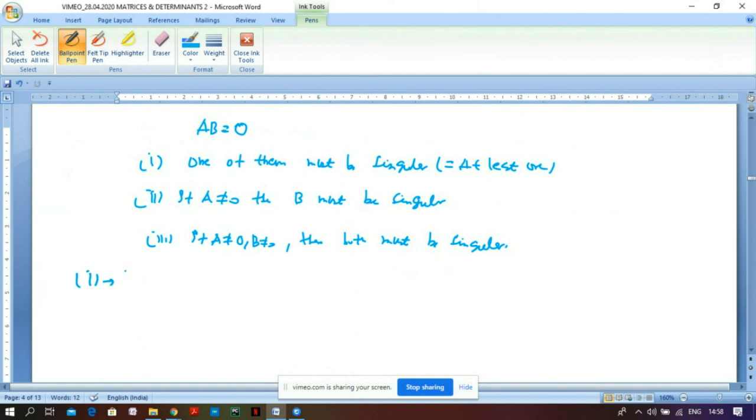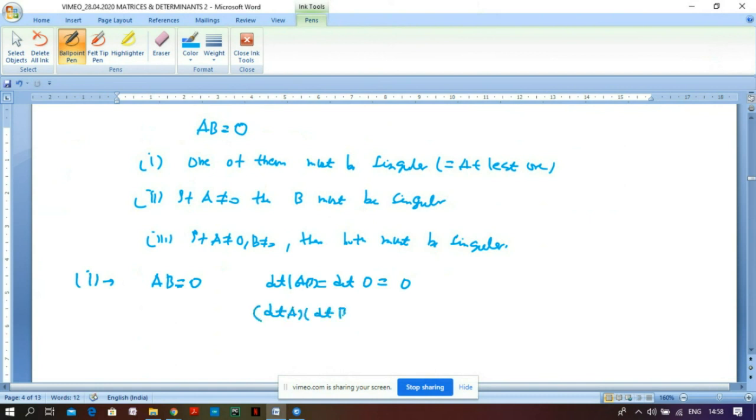It is that AB equal to 0 implies one of them must be singular. You say that suppose none of them is singular. Or we can do directly also, that AB equal to 0. Better is this one. We can take determinant on both sides. So I'll write determinant of AB is determinant of 0, that is 0, and determinant of AB, so determinant of products, is product of determinants.